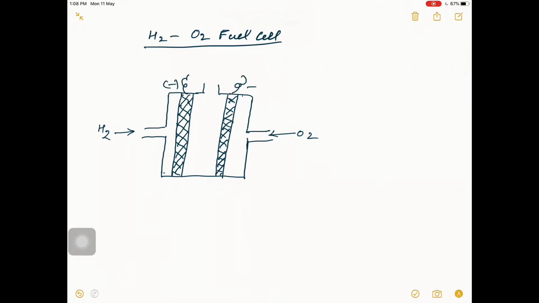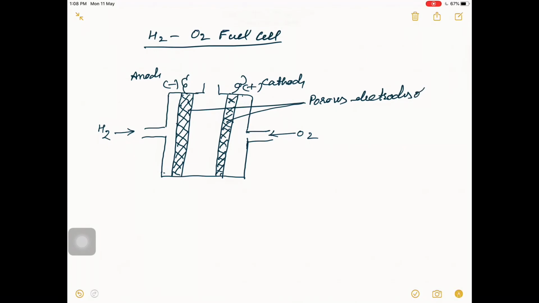This electrode acts as the anode and this electrode acts as the cathode. Because this is an electrochemical cell, the anode will be negative and the cathode will be positive.